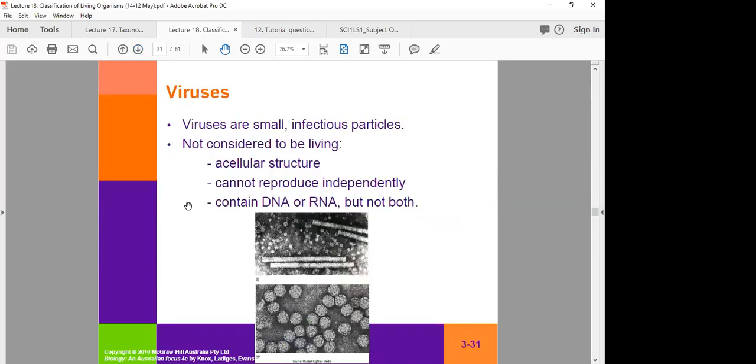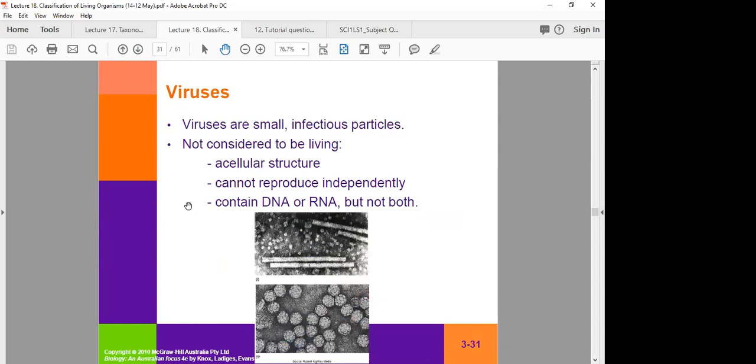Okay, and we're nearly done. So we're just going to very briefly consider a group of entities, and you might wonder why I'm saying entities, because viruses are not considered to be living organisms. This goes back to our cell theory, which states that all living organisms are made of cells and the products of those cells.